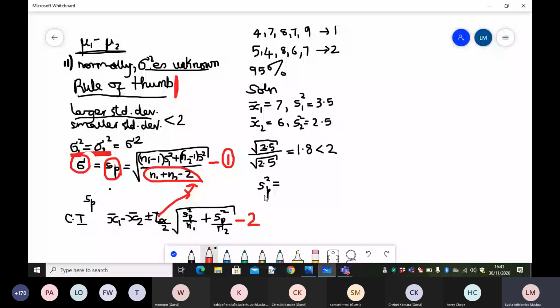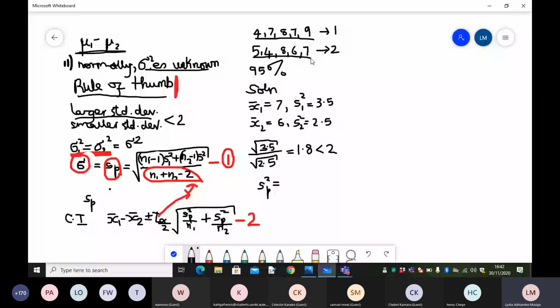So let me substitute in SP squared, because sometimes for those who may have a network problem, I cannot just give the answer. So the two samples, what are their sizes? N1 is 5, N2 is also 5. Those are the sample sizes, because we need to know what N1 and N2 are.